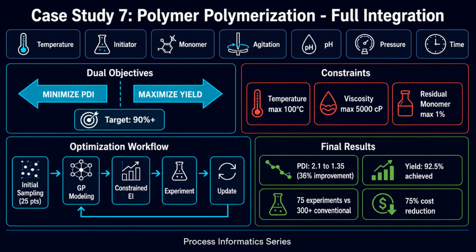In 75 experiments, we achieved a 36% improvement in PDI from 2.1 to 1.35, with 92.5% yield, compared to over 300 experiments conventionally, representing a 75% cost reduction.